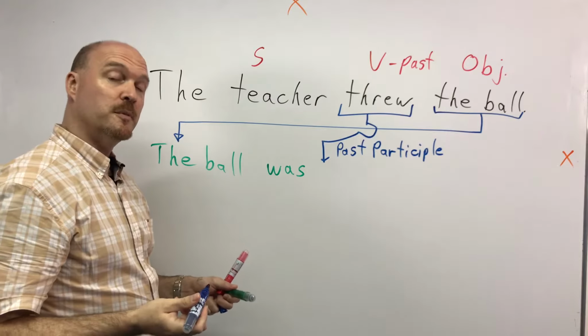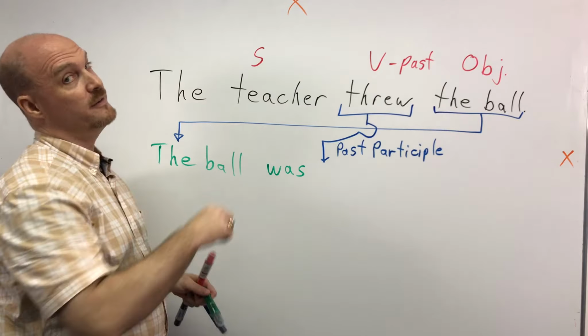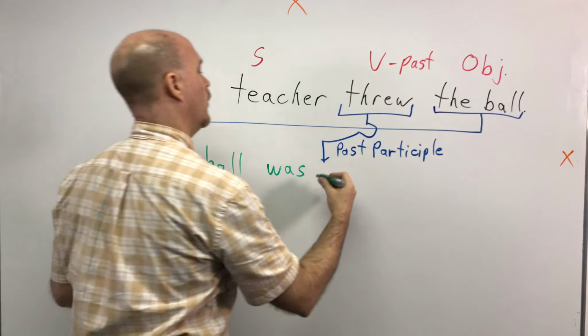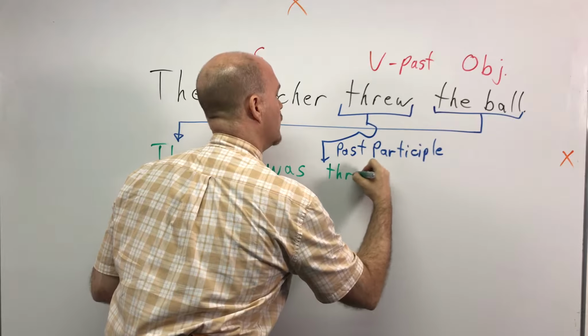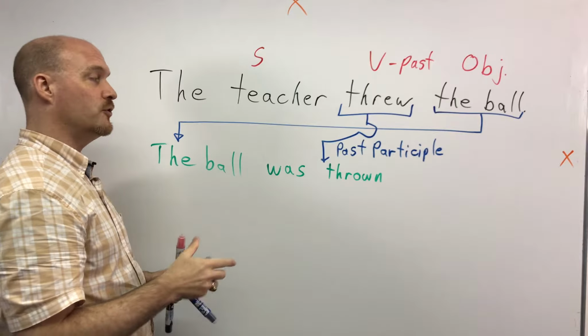For your regular verbs, they're the ed forms. But throw is not a regular verb. So it changes to was thrown. The ball was thrown.